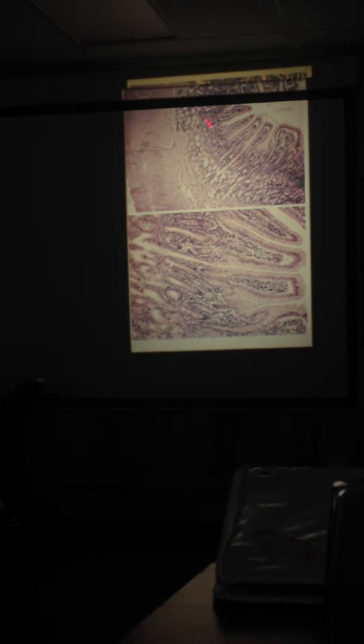Crypts, intestinal glands. And then in this area you go into the submucosa, down here, where you have mucus cell clusters. Brunner's glands.